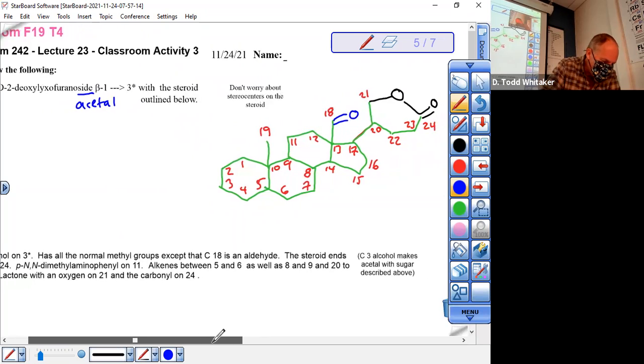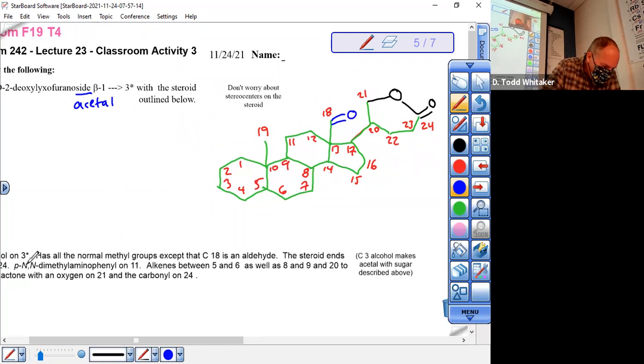On carbon 11, there's a para N,N-dimethylaminophenyl. So draw a phenyl first on 11. On the para position, you put an amino with 2 methyls on it. There you go. Nicely done.